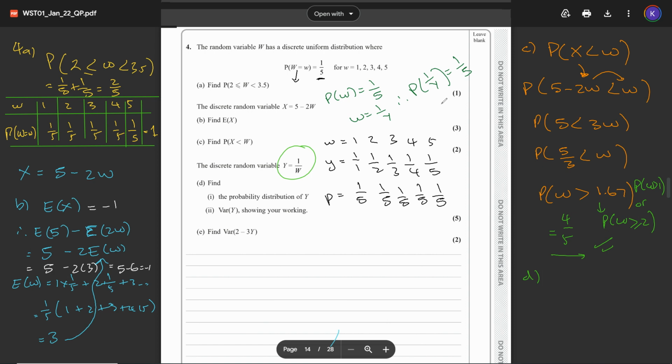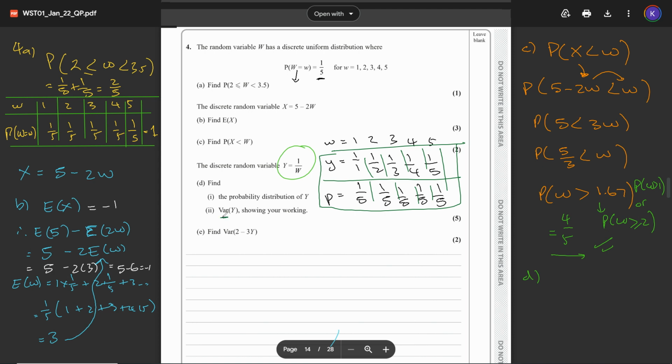And why would the probability still remain 1 over 5? Even though we don't use such a complicated calculation there. We have 5 outcomes, and we're saying that it's a discrete uniform distribution, so they have equal outcomes. So we will stick with that. Right. So we've got a new distribution table now.